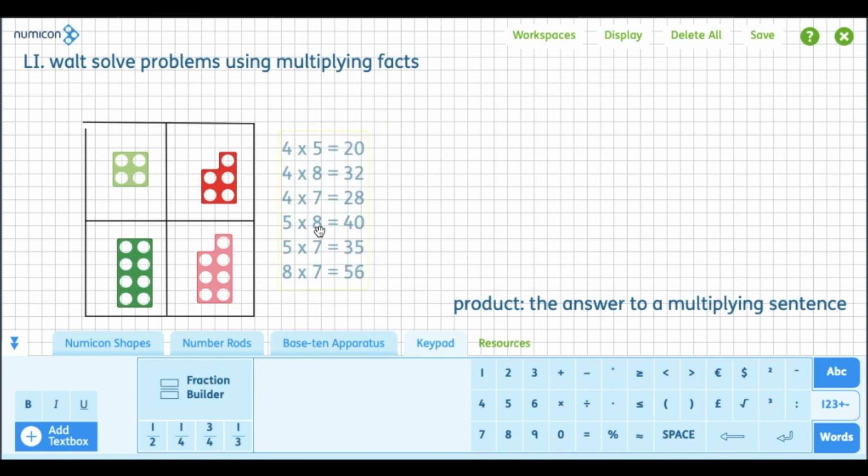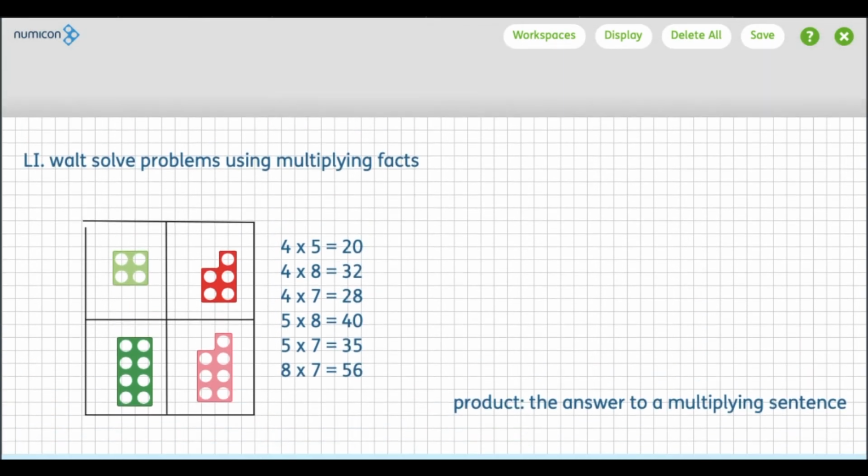Okay, so we've worked out all of the products that we could have here in our little puzzle.